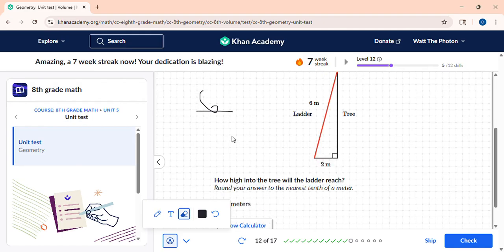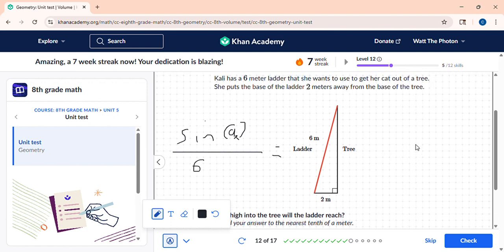So we're going to have the sine of 90 over 6 is equal to... I guess we could find this angle, and then find this angle, and then find the tree line.